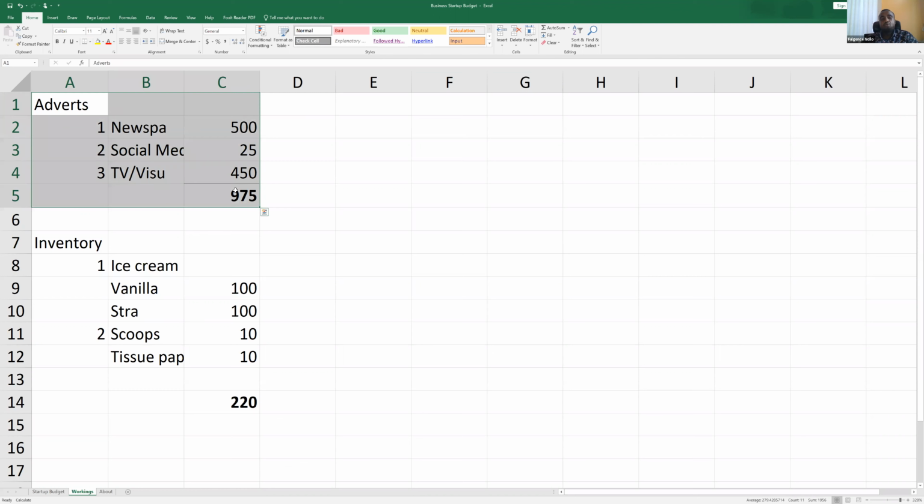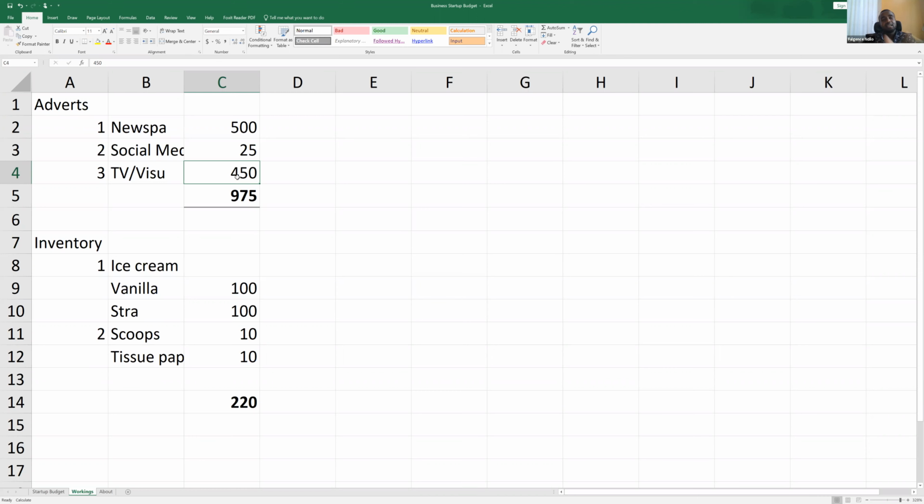Let's use this example. You've pitched this idea to me, and I've seen you have newspaper 500 shillings, social media 25, TV or visual ads 450. And I know I have someone in the social media industry who can help me in advertising this.